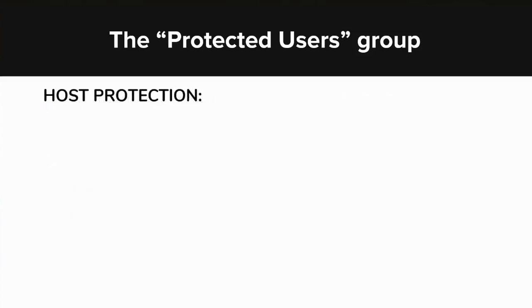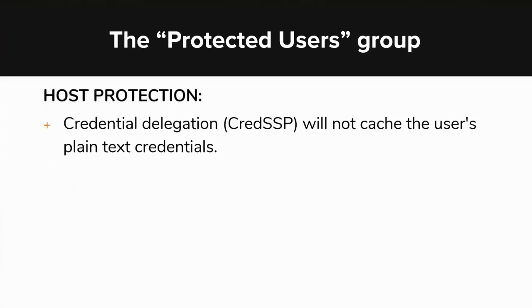From a host protection perspective, the credential delegation CredSSP will no longer cache plaintext credentials of users at the endpoint, which was the case before. So if a user RDPs into a server, the credentials used to be cached in plaintext. Now, if a user RDPs, nothing is going to be cached in the LSASS process.